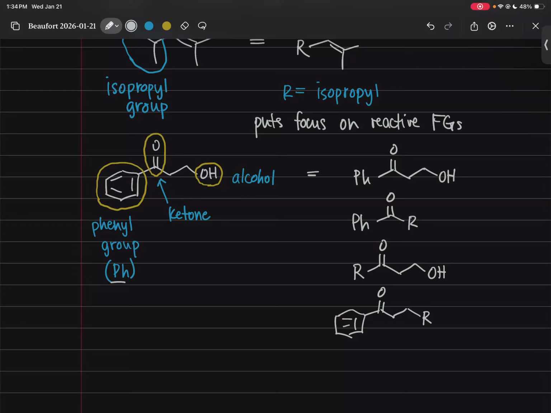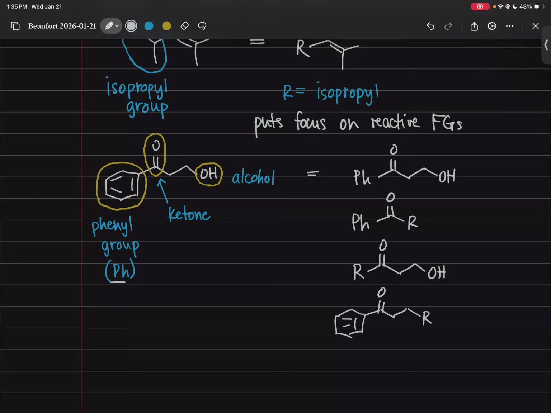But the main thing I want to get across to you here is, first of all, there's a bazillion, and I didn't even try to do a condensed structure, which I could do. But there's a bazillion different ways to draw the same molecule. And also, maybe even more importantly, these give different levels of information about the molecule.